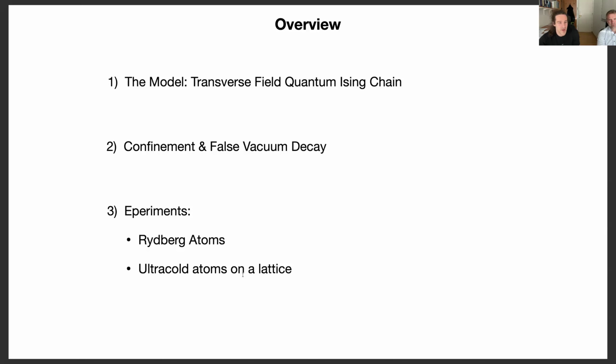Then I will describe in parallel also confinement and false vacuum decay in these models, because I think this clarifies a few things in the way we see this phenomenology. And then I will pick up a couple of experiments that I find interesting.